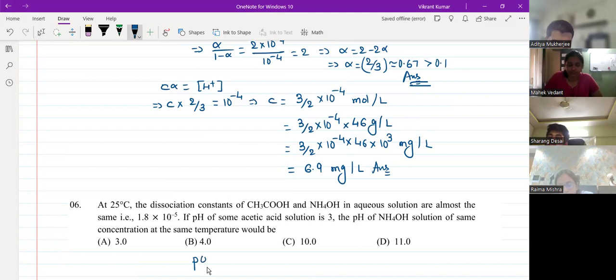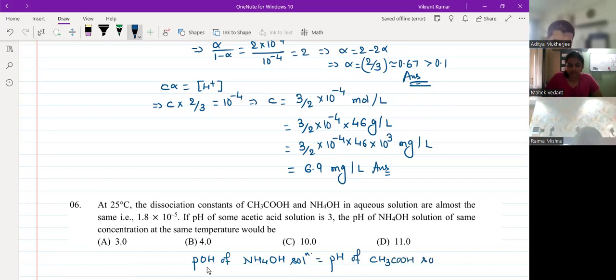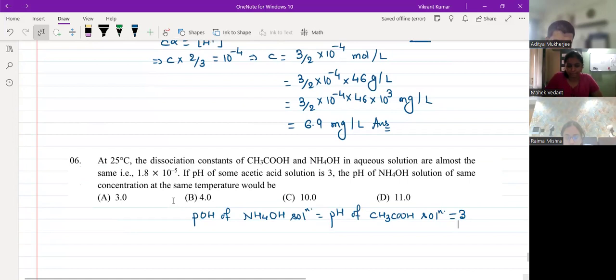So directly we can write pOH of NH4OH solution will be equal to pH of CH3COOH solution if they are having same concentration, because एक का Ka दूसरे के Kb के बराबर है, and that is given as 3. So that's why if they are asking you pH of NH4OH solution, so we'll write 14 minus 3. So pH of NH4OH solution will become 14 minus 3, which is 11. That will become the answer. D option. Is it okay?